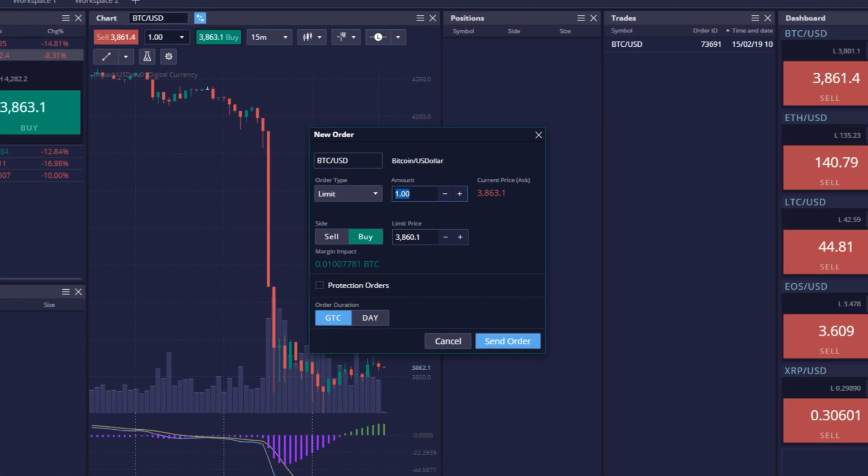So even though we only are leveraging 0.01, so 1/100th of a Bitcoin, which in this case is about $40 or $38, if the price of this goes from, let's say, $38.60 up to 4,000, there's a difference of $140 in that. You will actually make $140 if you sell out the position at 4,000.